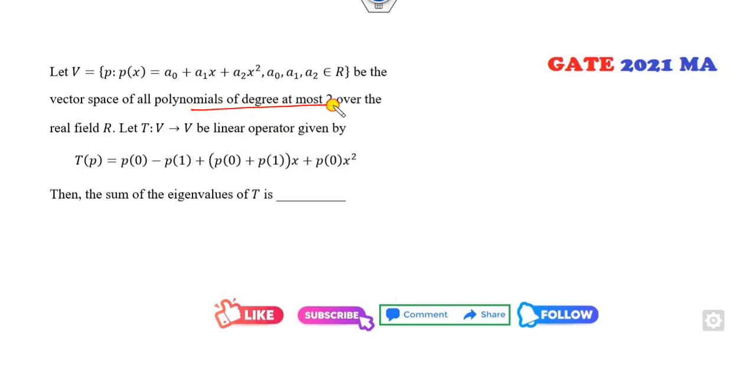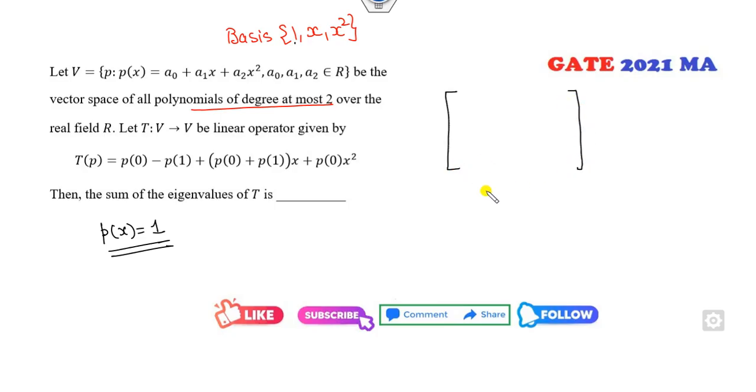A polynomial of degree 2. Again, bases are 1, x, x square. So firstly I can take 1. That means if p of x is 1, okay, then we have to find the transformation. Fine. So what is the dimension? It is 3. So it's a 3 cross 3. Look at that.